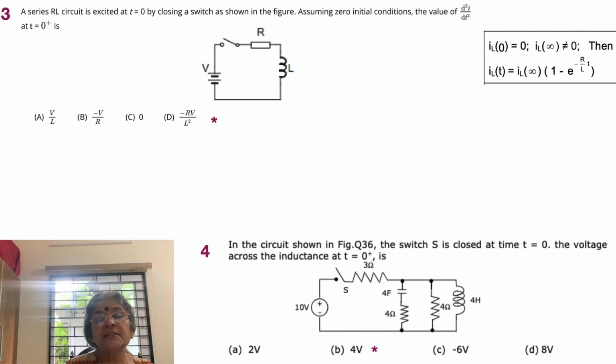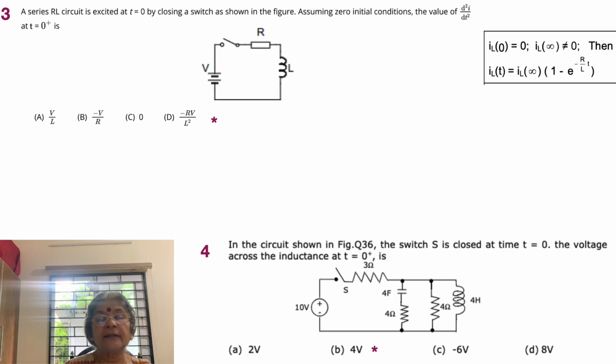And now what is asked is the second differential. So the first differential tells us that V by R, because IL infinity is V by R, is going to be multiplied by minus of minus R by L, because t has a coefficient of minus R by L, into again e raised to minus R by L t.